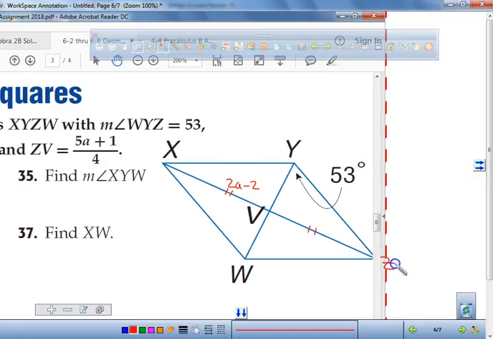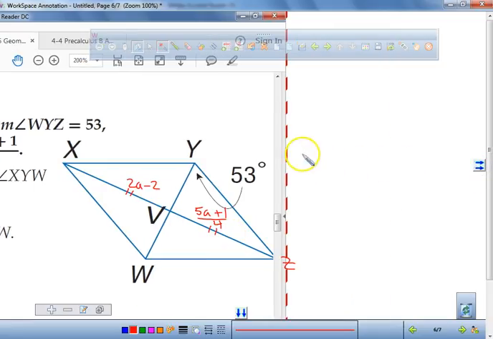You can't see it, but that's Z. And it says ZB is (5A plus 1) over 4. These distances are equal to each other. So please, somewhere where you can work it out, do 2A minus 2 equals (5A plus 1) over 4.